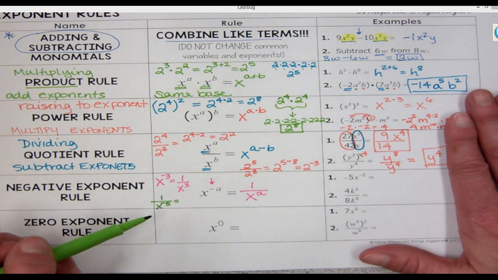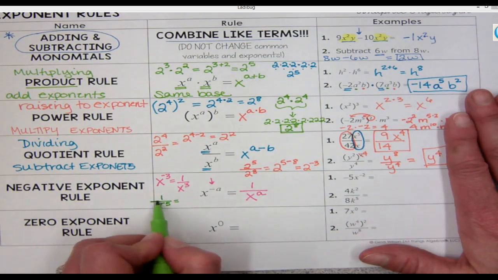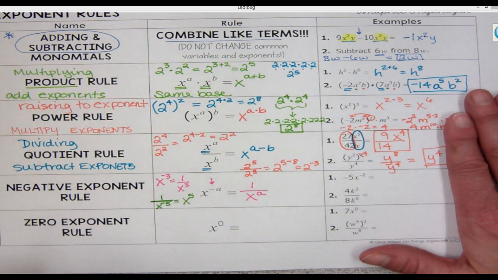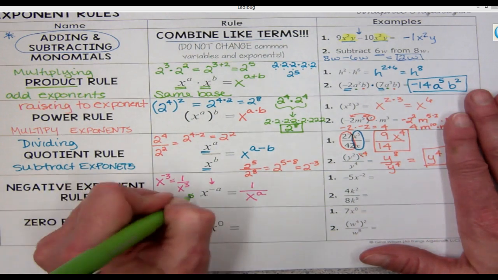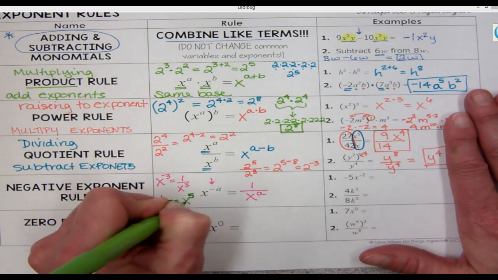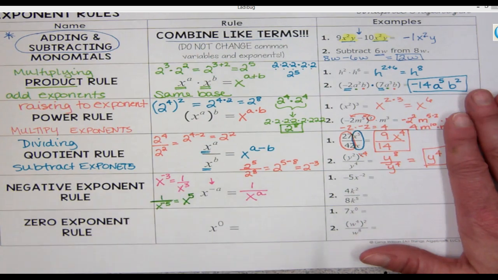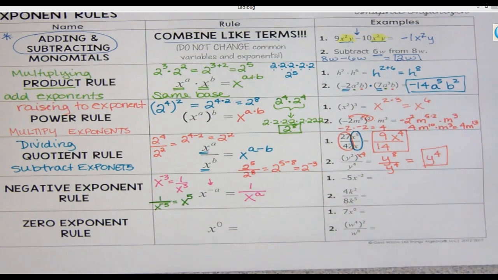He's on the wrong side of that border. We need to flip him to the numerator, and when he goes up to the numerator, he becomes positive. Okay? So x to the 5th. No matter where it is, if it's a negative exponent, it needs to be flipped to the other side. Okay, they're traitors. They need to go back to their people.